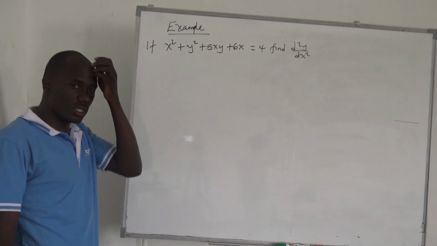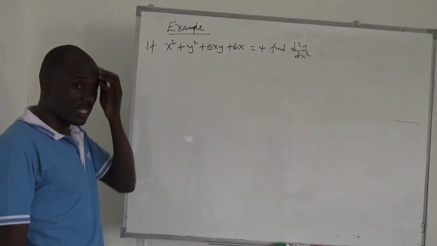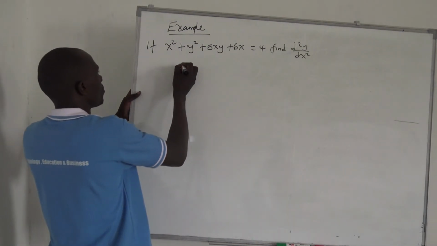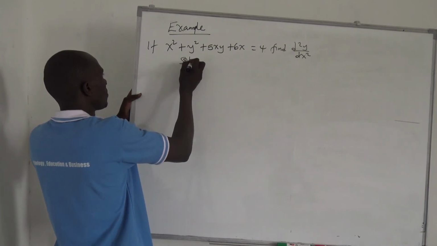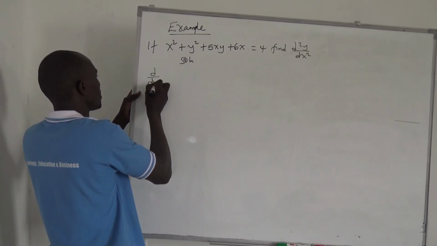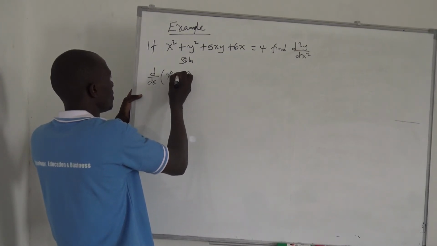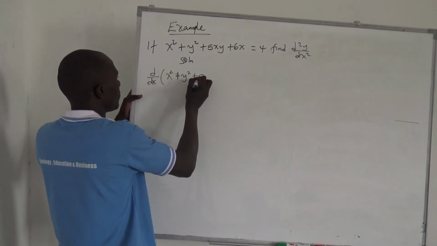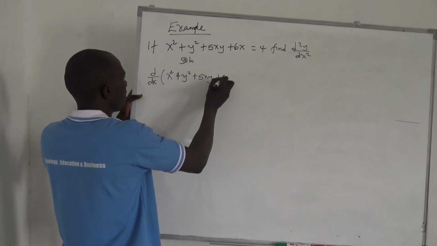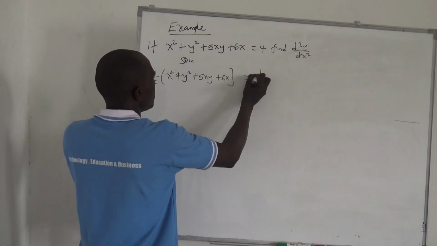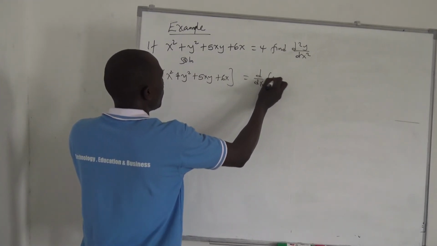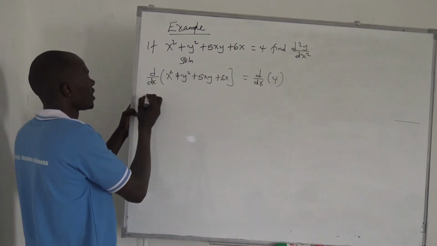What I'm going to do is apply the same idea. So we look at the solution. We are going to look at d/dx of x squared plus y squared plus 5xy plus 6x equals d/dx of 4. So can we differentiate? What do we get?